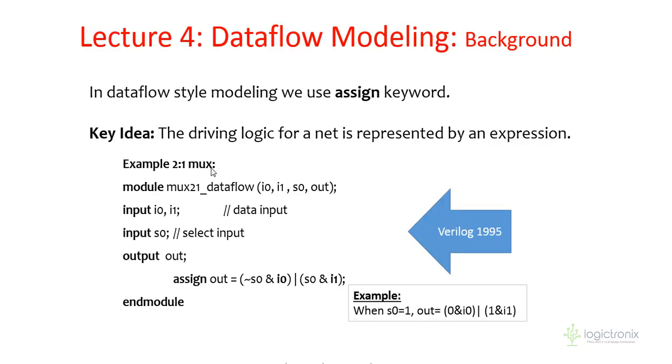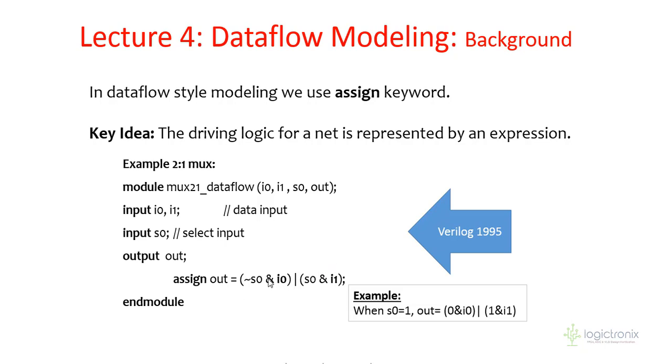Let's see again here. The mux has the module name mux21 Dataflow. Some inputs are listed here, orientation of inputs are here, and we have the assign: the output port will get the right hand side operation result.